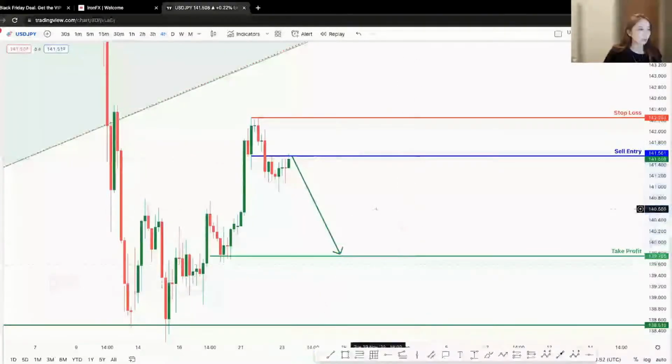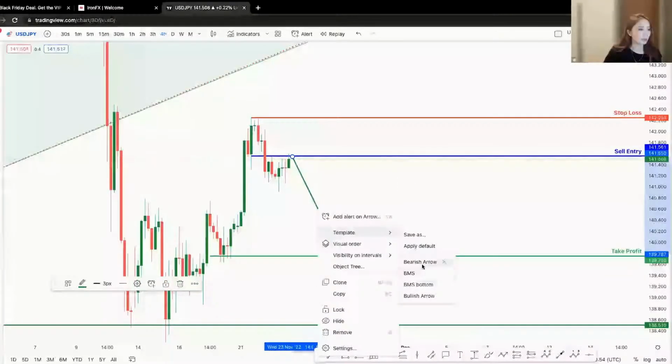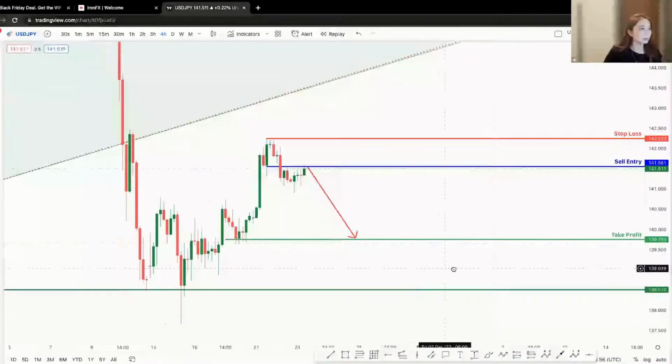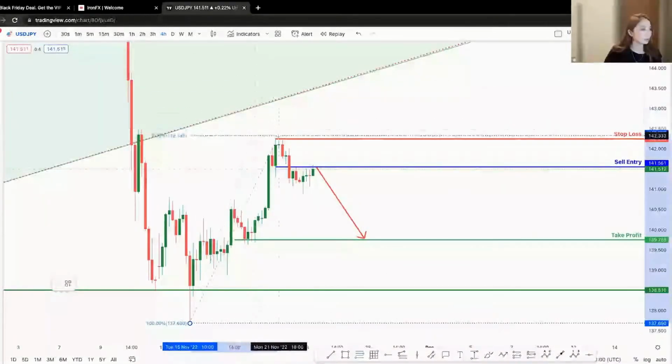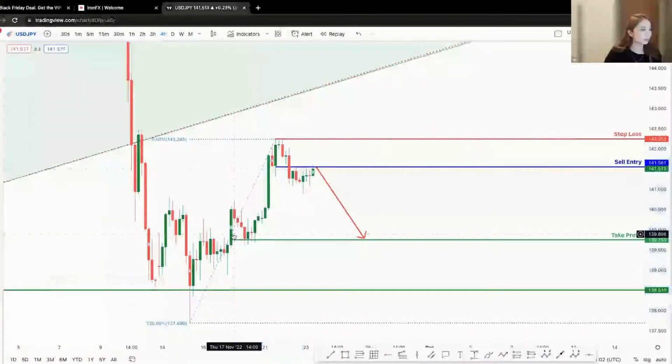This is how I am viewing it. We are looking at a potential sell. Let's take out the Fibonacci retracement.